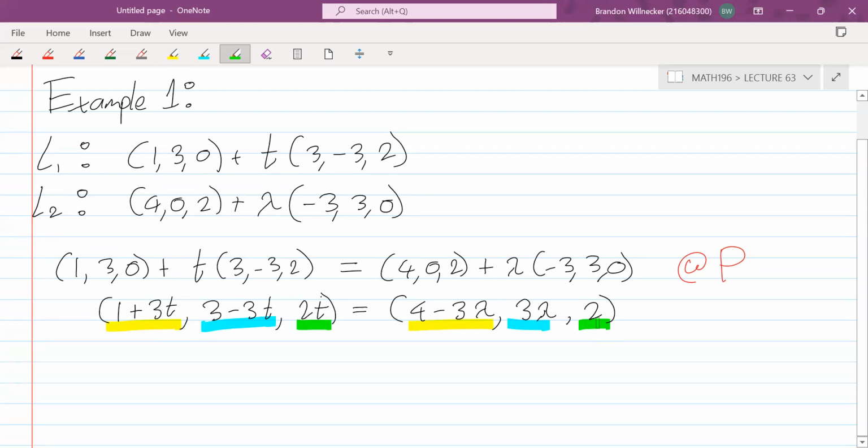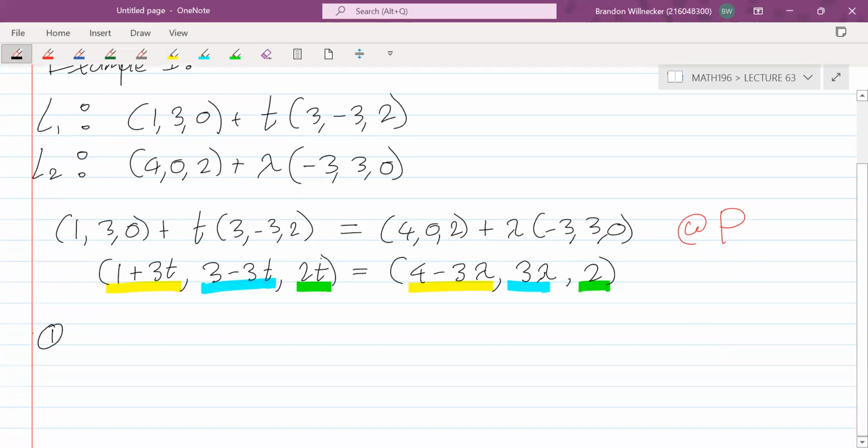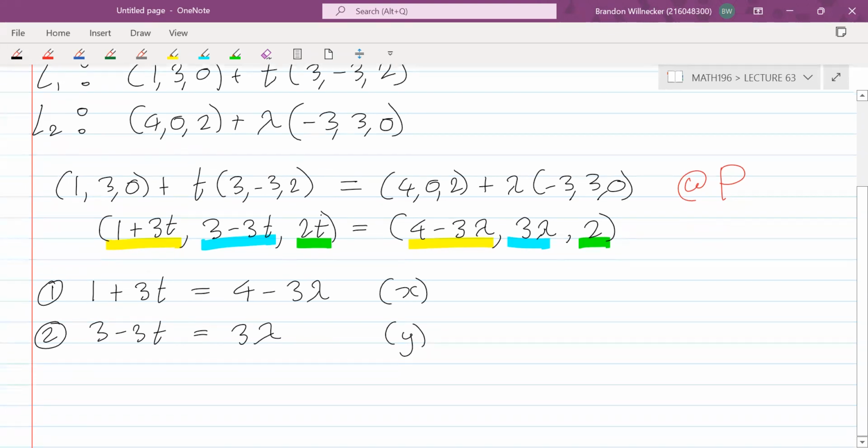For x, we get 1 plus 3t is equal to 4 minus 3 lambda. For y, we have 3 minus 3t is equal to 3 lambda. And we have a third equation, 2t is equal to 2. And remember, that's for z.